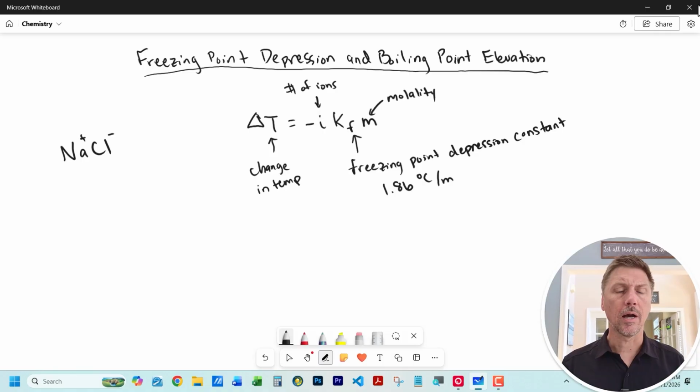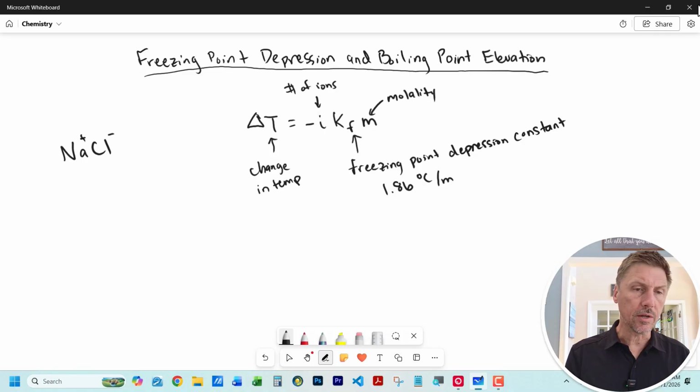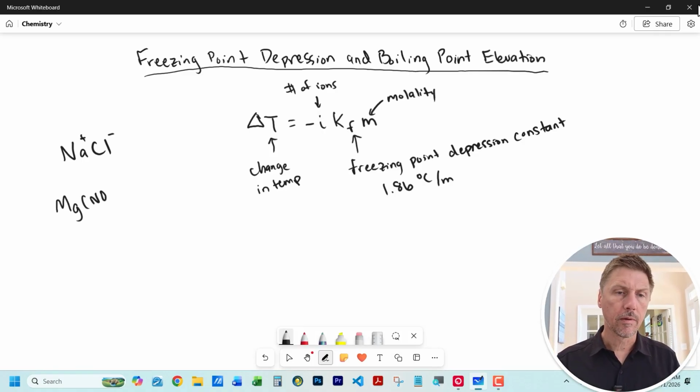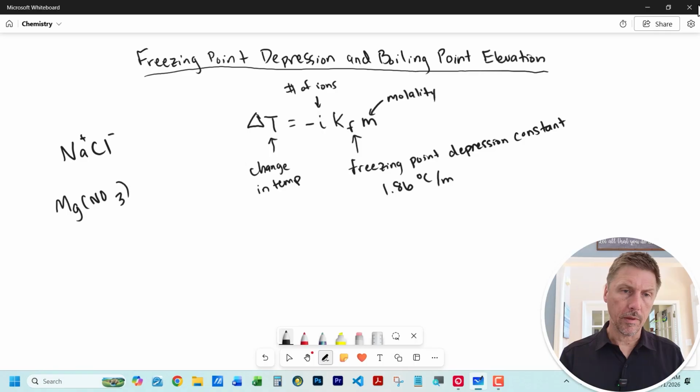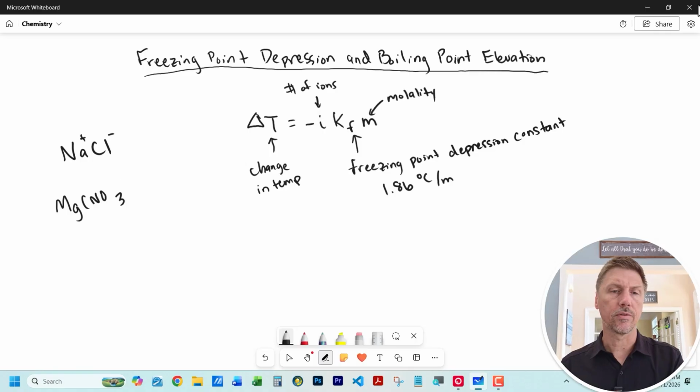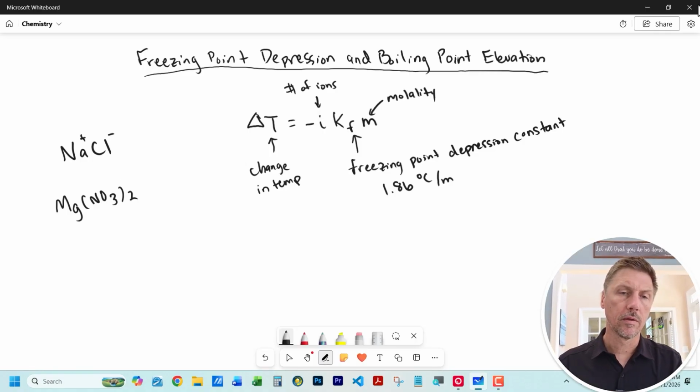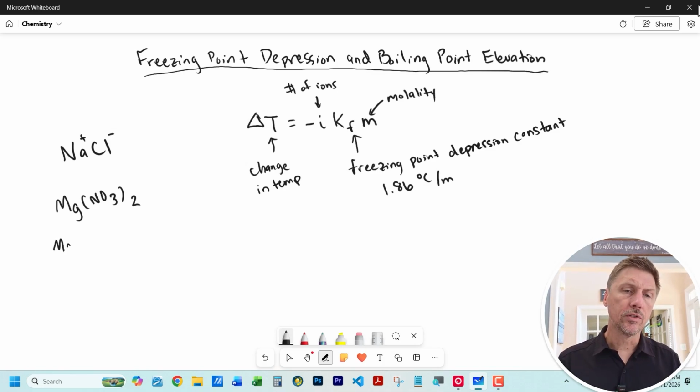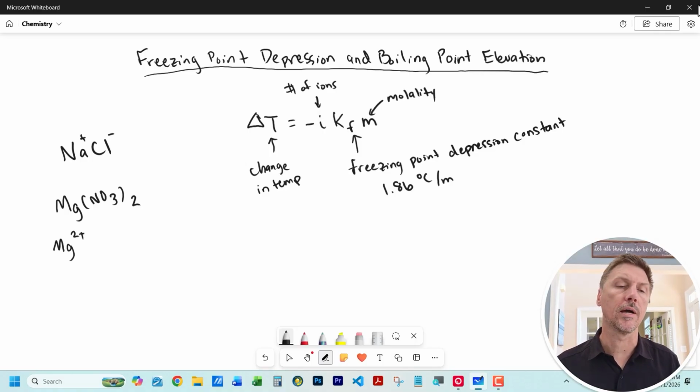But if you had a different ionic compound, like the example we're going to do in the book, Mg(NO3)2, magnesium nitrate, for this one we have a single Mg2+ ion, but we have 2 NO3 ions, each with a charge of 1 negative, because of this 2 right here.